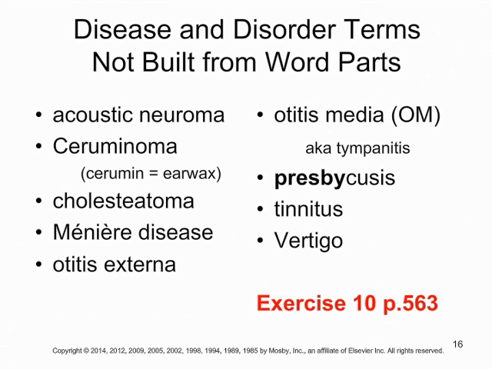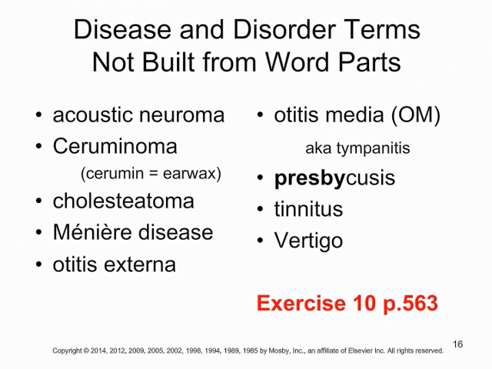The next term, otitis externa, is inflammation of the external ear, whether it be the pinna or the external auditory meatus. There's something inflamed in that region. And then again, inflammation of the middle ear is otitis media, also known as tympanitis.